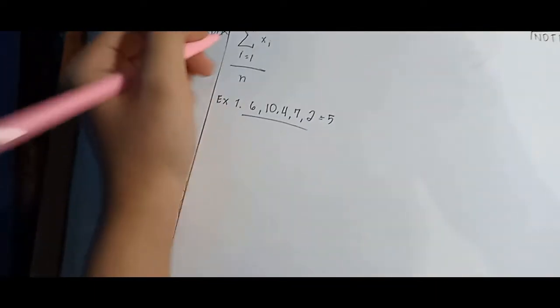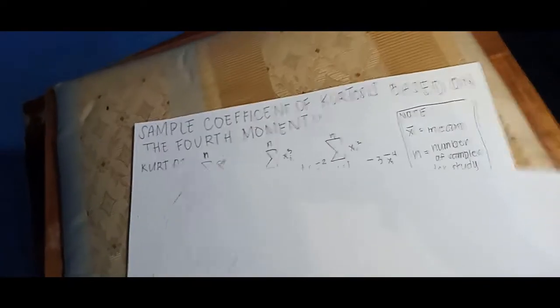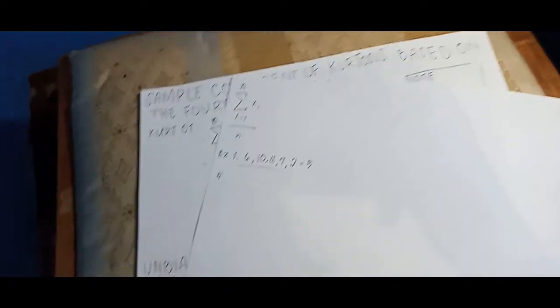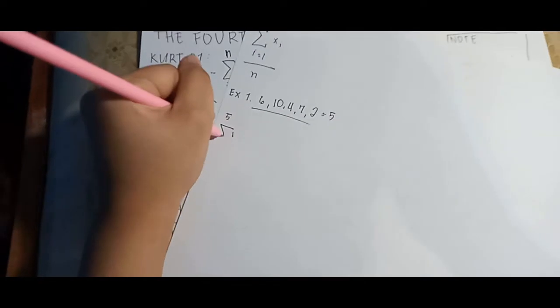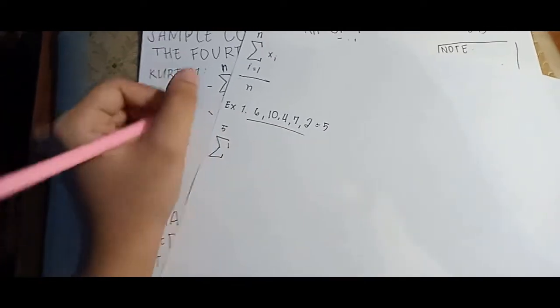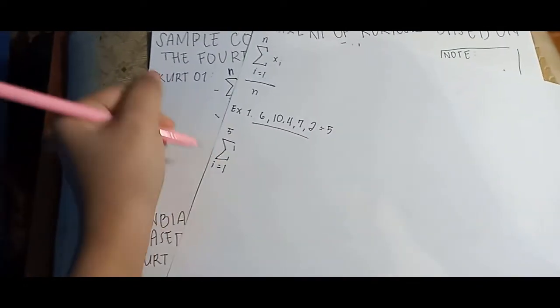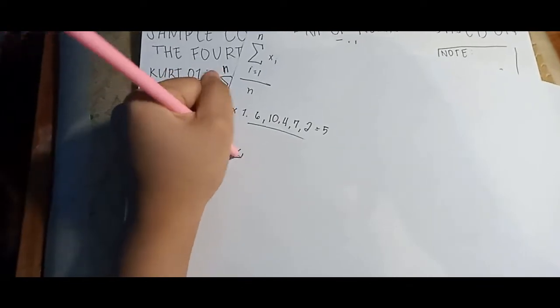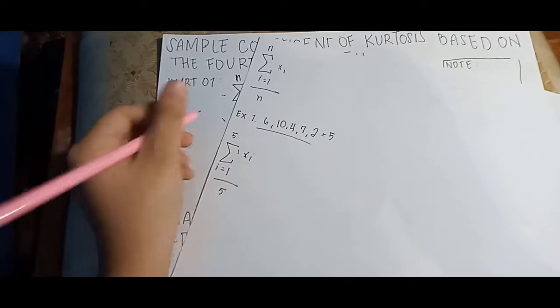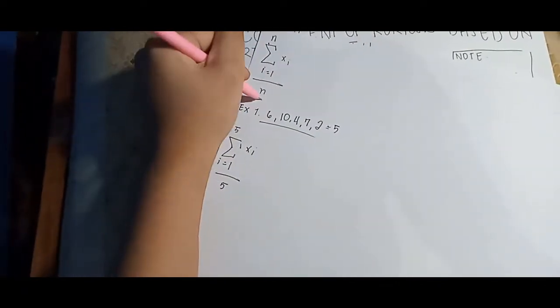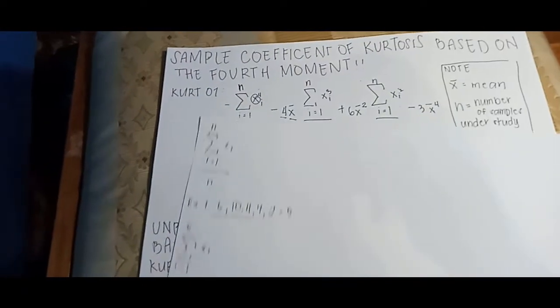So we put 5 at the bottom, because that is the total of given numbers, the number of samples under study that we have. Then put the summation of x divided by 5 again, because n will always be the number of samples under study.